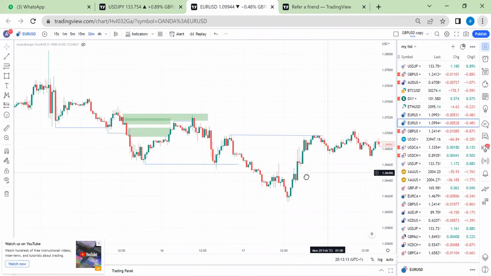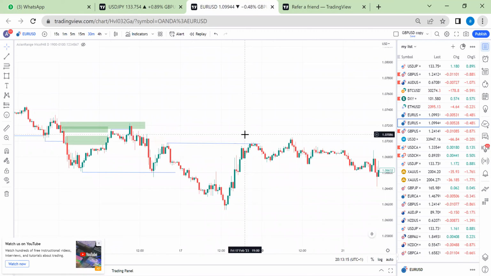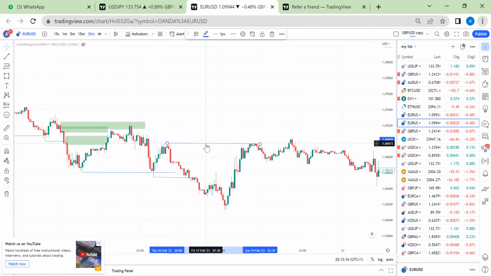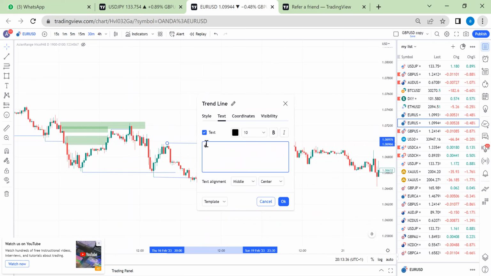And you see, we have equal high liquidity right here. Price broke structure at this point. So some people will see this place as a kind of short position. It's equal high liquidity.